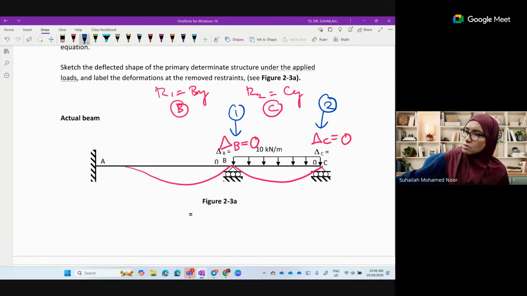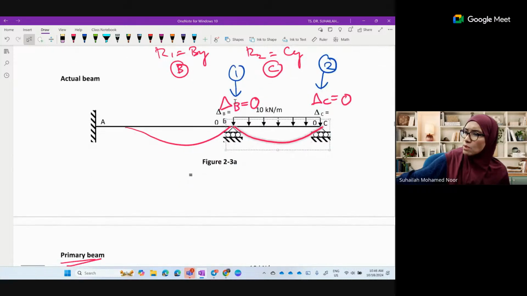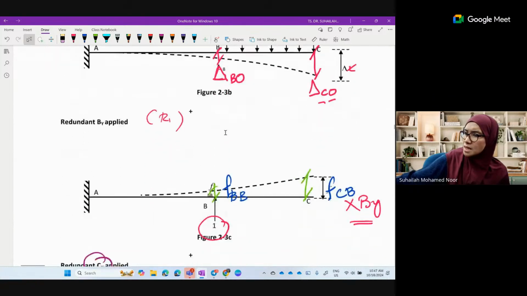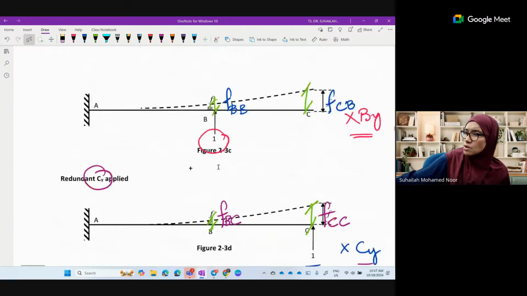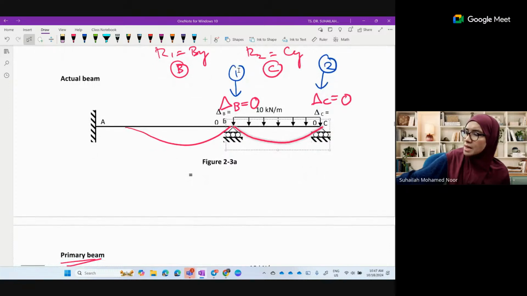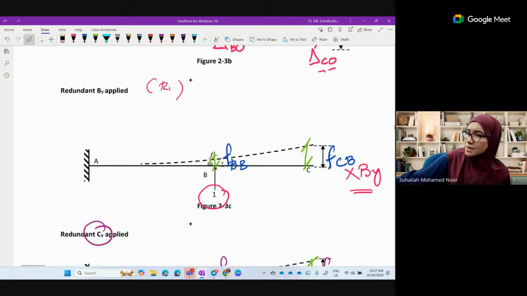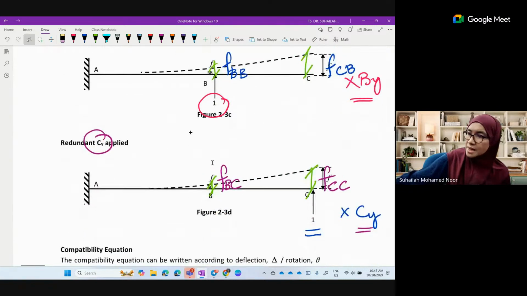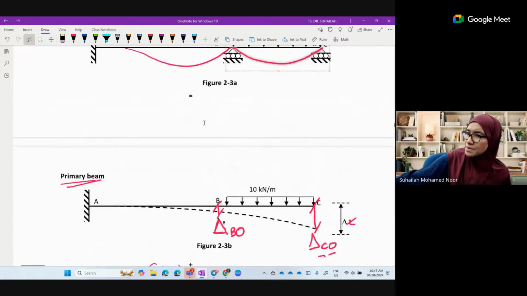Equation number 1, position B: all of these are at B, with redundant BY.